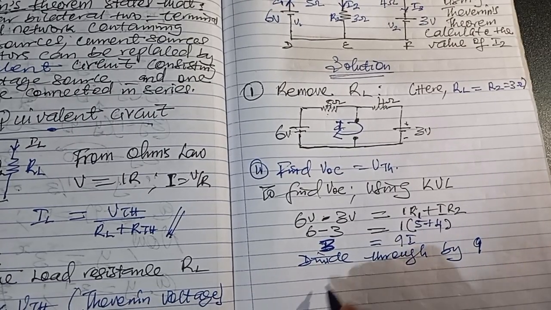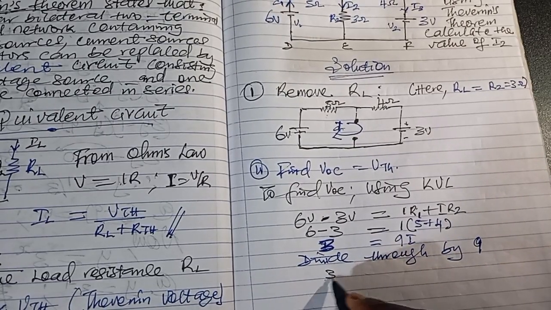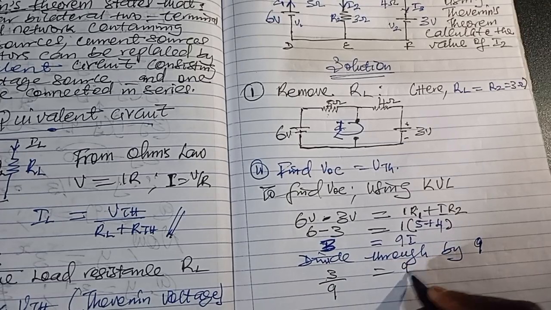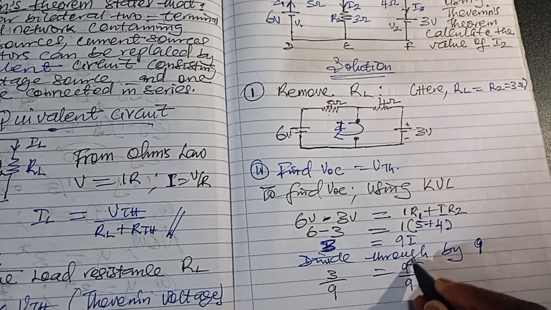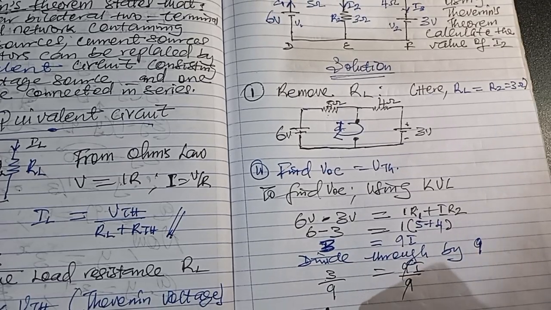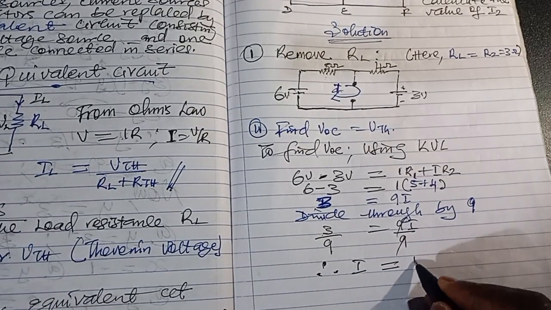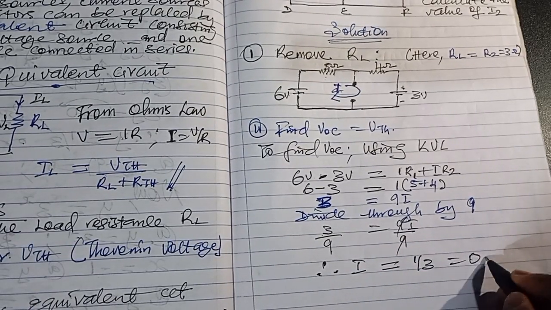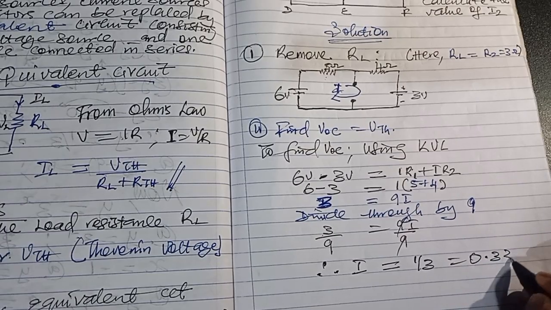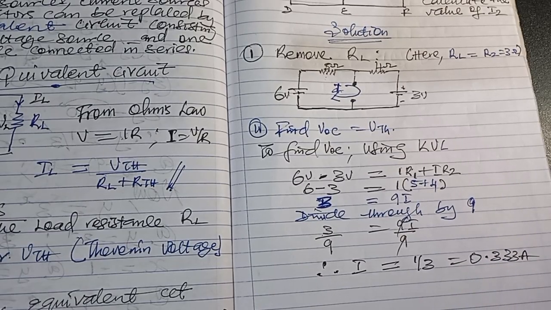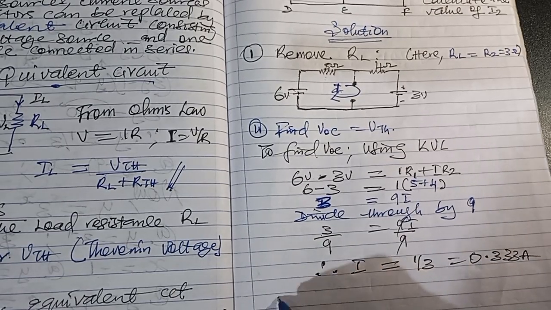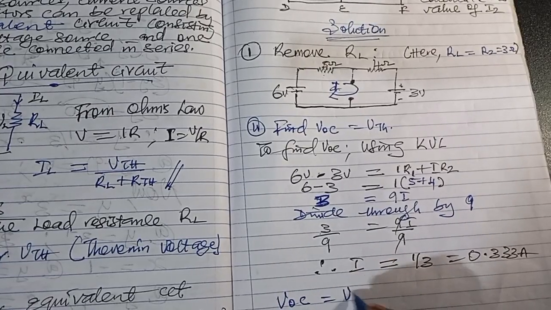So I have 3 divided by 9 is equal to 9I divided by 9. This can go. Therefore, I is equal to 1 over 3, which is 0.333 amp.